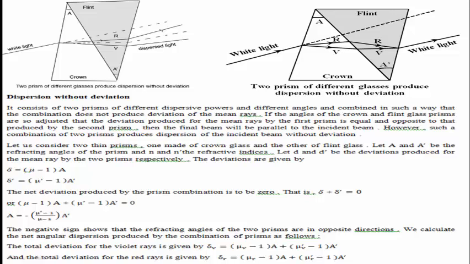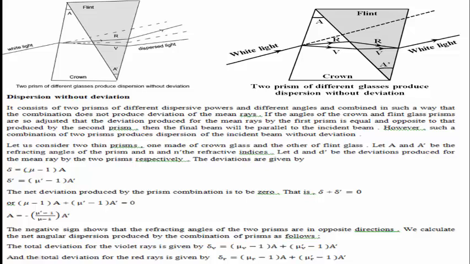Then A is equal to minus (ν' minus 1) whole divided by (ν minus 1), multiplied by A'. The negative sign shows that the refracting angles of the two prisms are in opposite directions. We calculate the net angular dispersion produced by the combination of prisms as follows.